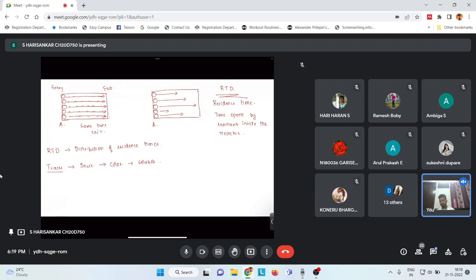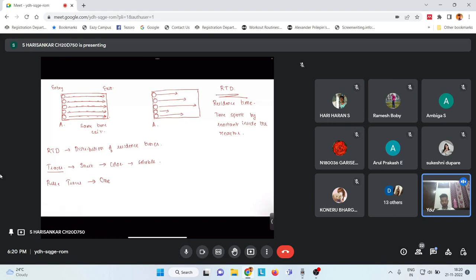We inject this tracer into our system, and we use the exit time of the tracer to find the residence time distribution. You can inject the tracer in two ways. One way is the pulse tracer, which is basically injecting a significant amount of tracer in just one shot.